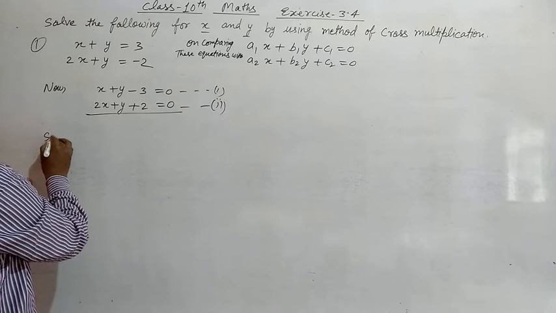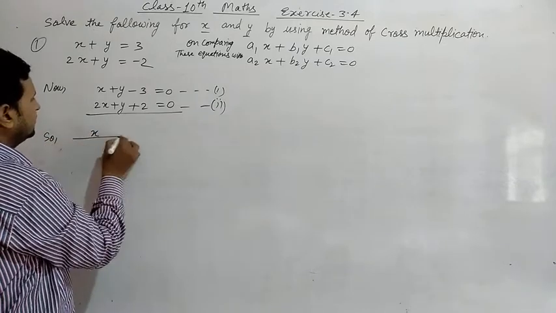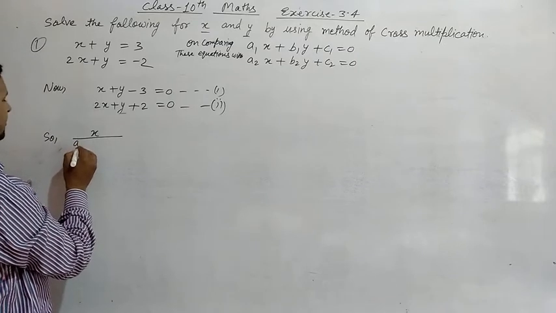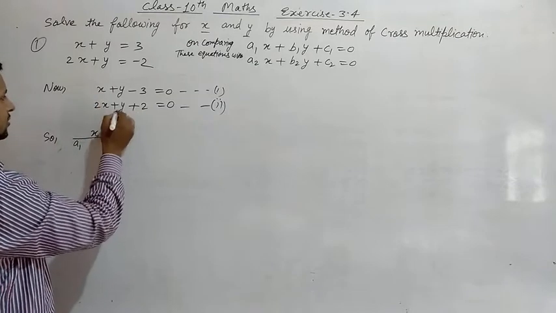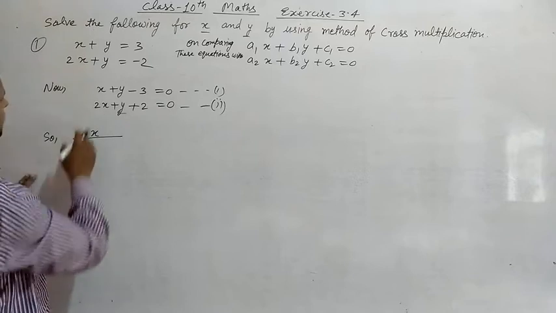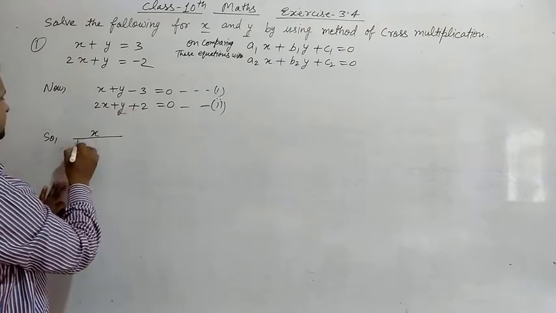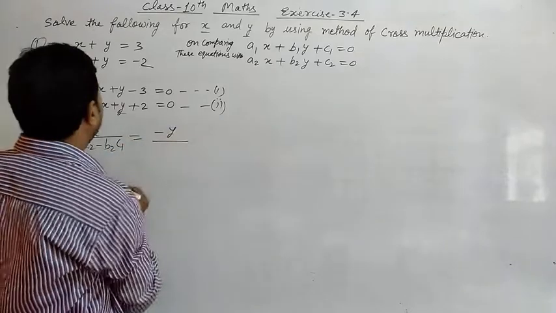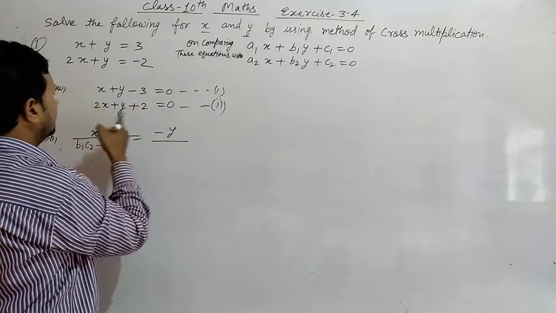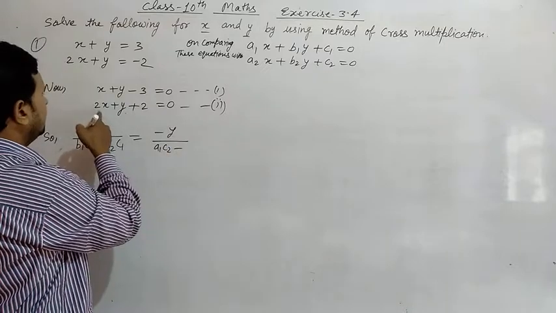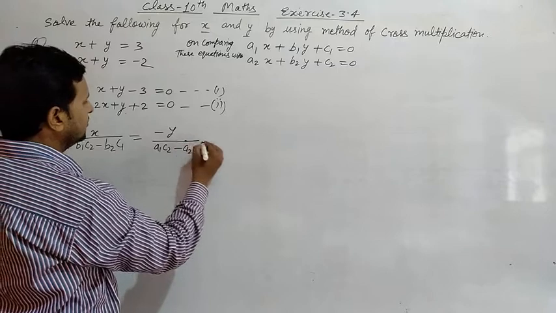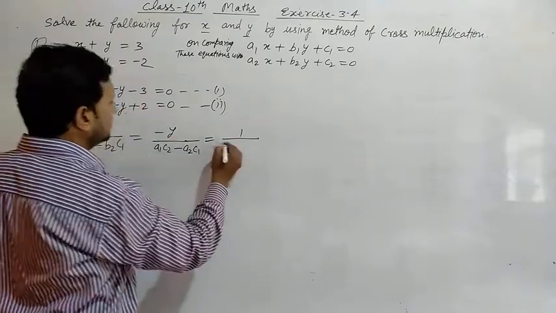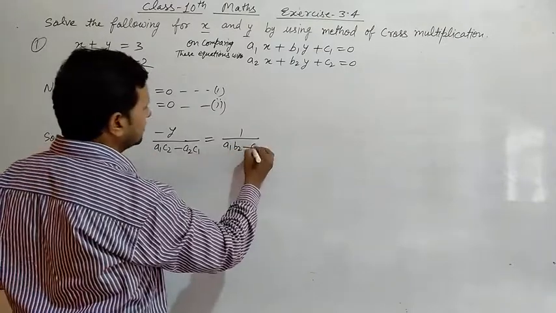So we apply the formula: x upon b1 c2 minus b2 c1, is equal to minus y upon a1 c2 minus a2 c1, is equal to 1 upon a1 b2 minus a2 b1.